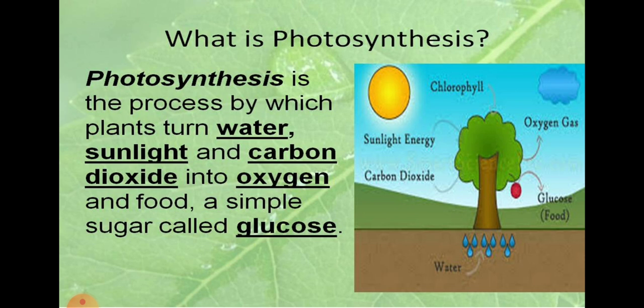So, how can we define this process? The process by which green plants make their own food like glucose. Here one new word is glucose. Food like glucose from carbon dioxide and water by using sunlight in the presence of chlorophyll, that is called photosynthesis.